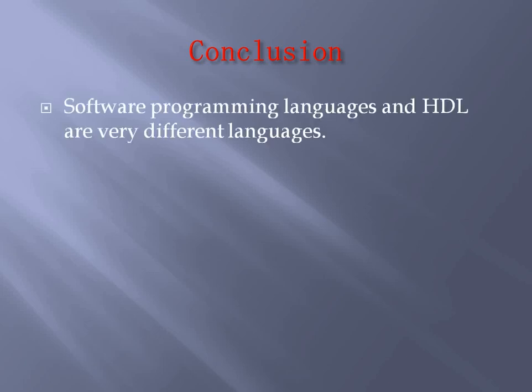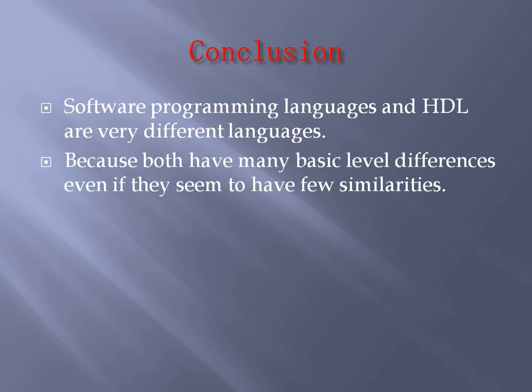So in conclusion, we can see that software programming languages and HDL are very different languages, because both have many basic level differences. Even if they seem to have very few similarities, they have mostly differences.